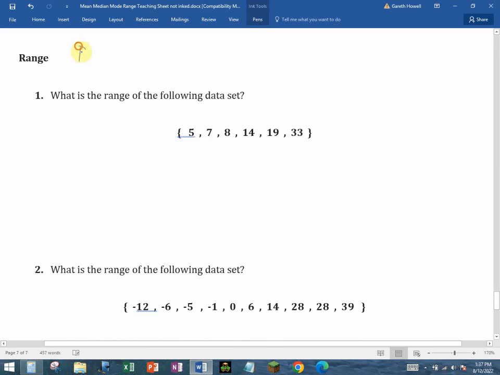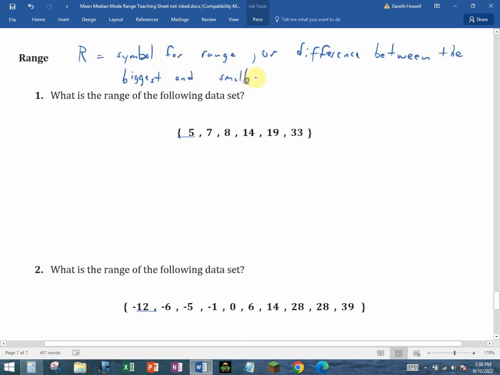Now range, we're going to use just the letter R, and this is the symbol for range, or what we say is the difference between the biggest and smallest. The biggest and the smallest numbers.